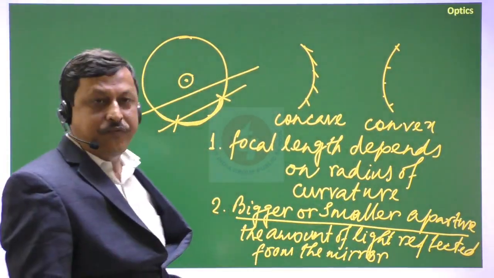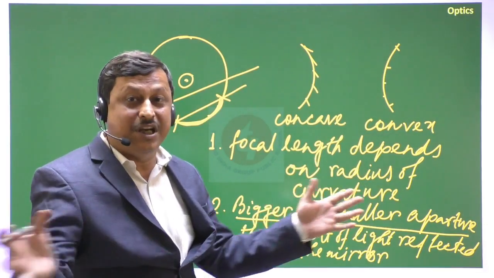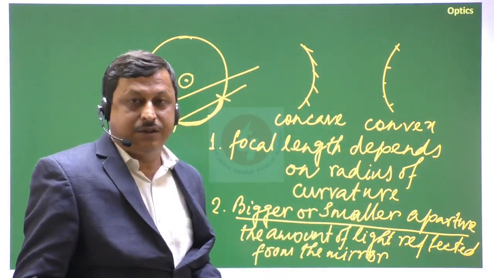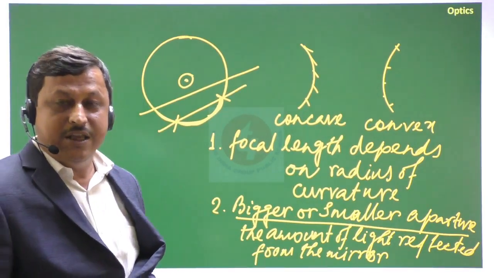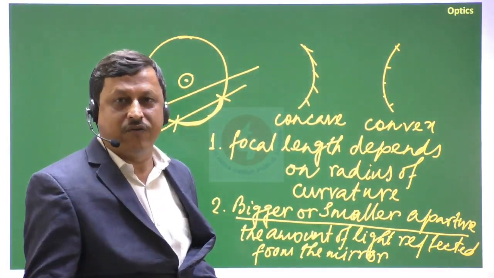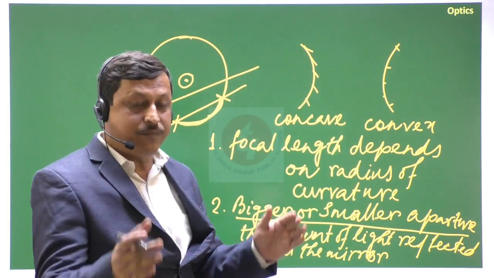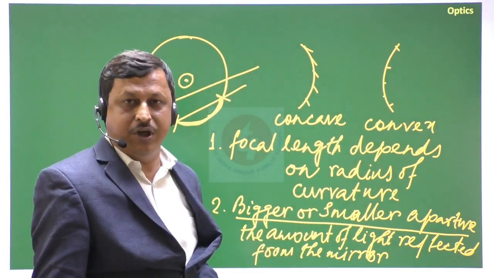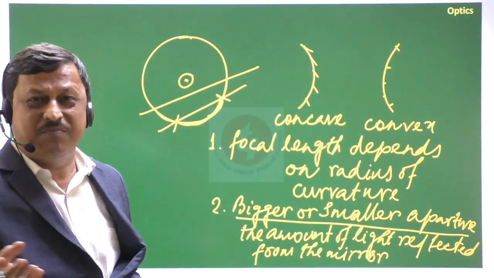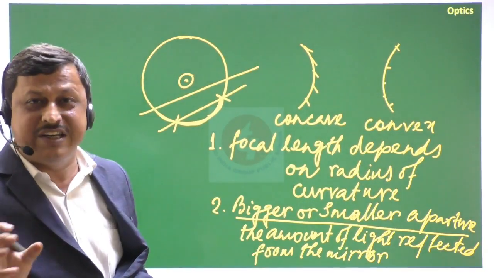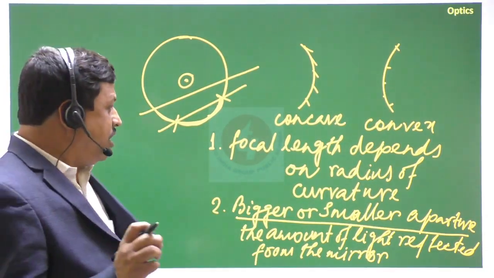If the mirror has a bigger aperture, the image will be very sharp. In the case of a smaller aperture, the image is somewhat faint, right? Faint.